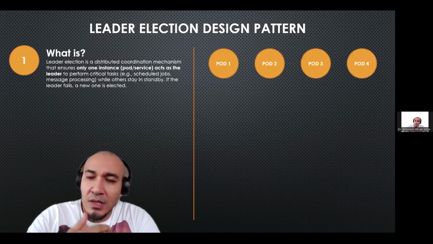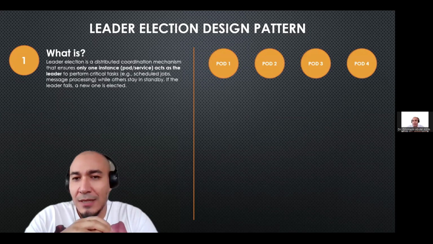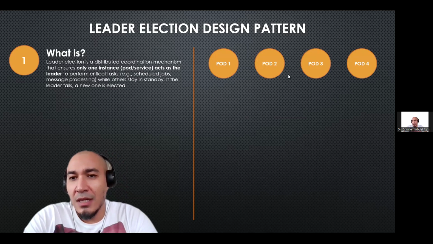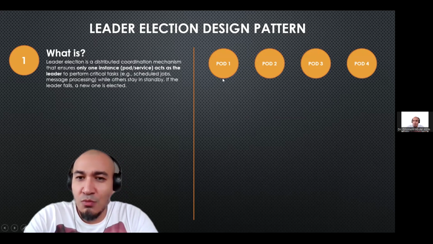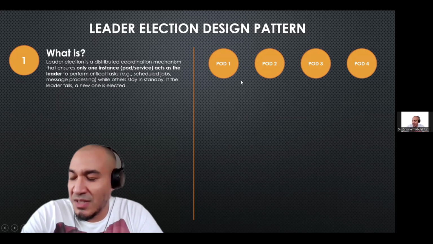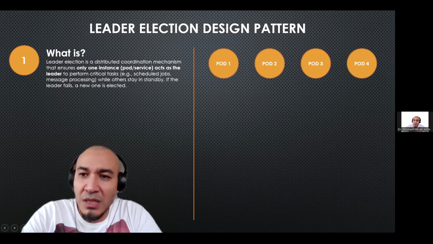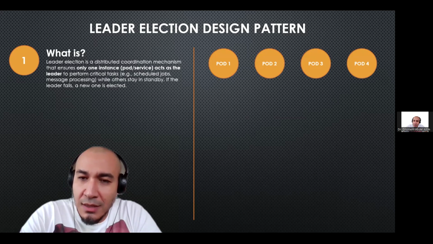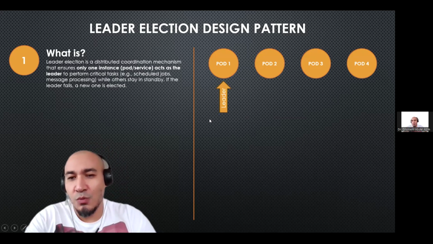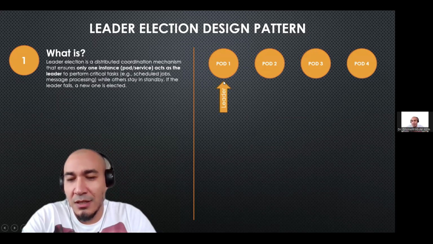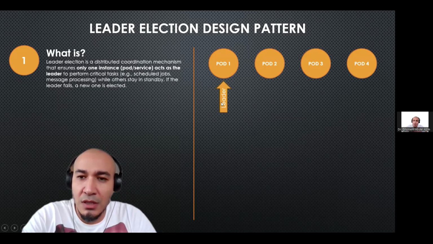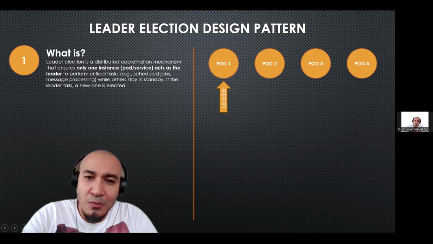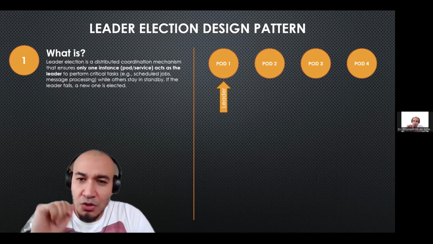How can we simulate that? Assuming that we have one microservice running over the cluster, and within the cluster we have the scaling approach, and we have implemented 4 instances of this microservice. Accordingly, if we have to implement the leader election, we will select one of the instances to be the leader of the pods in order to take the responsibility for performing such a task type.